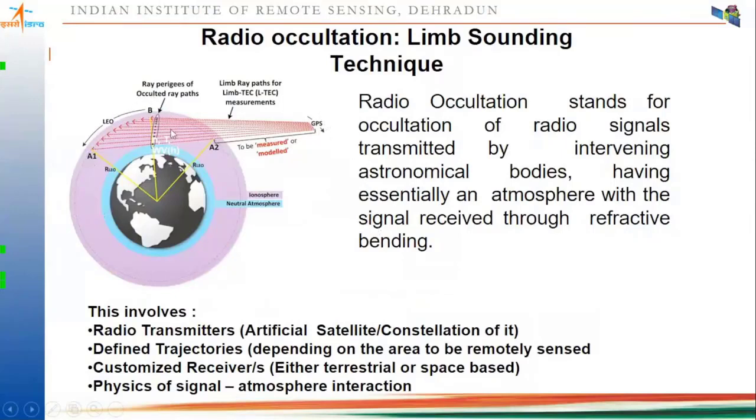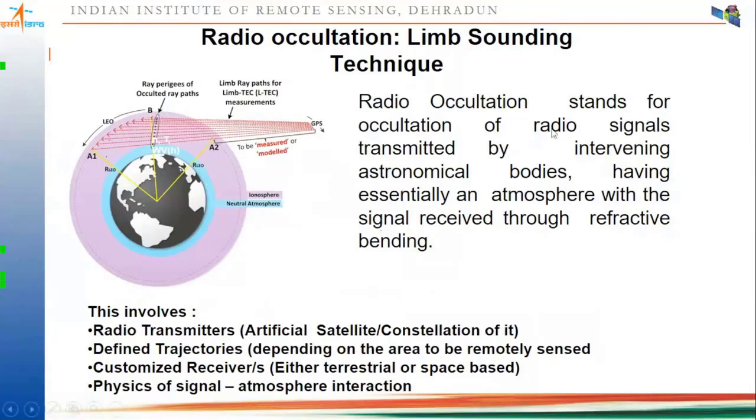Because of the atmosphere here, the signal will bend, and the receiver on the LEO satellite may be hidden from the direct path. It may not receive the signal directly from the GPS, but it is definitely coming down, and through reflection from the atmosphere it receives the signal.